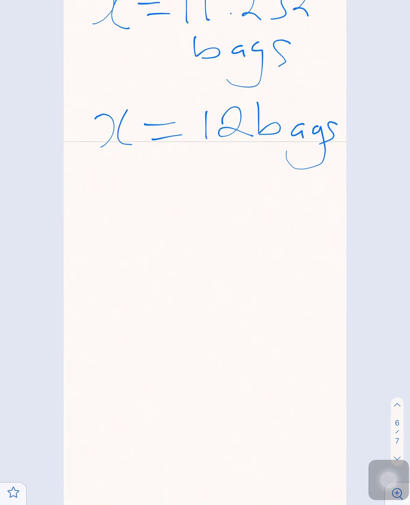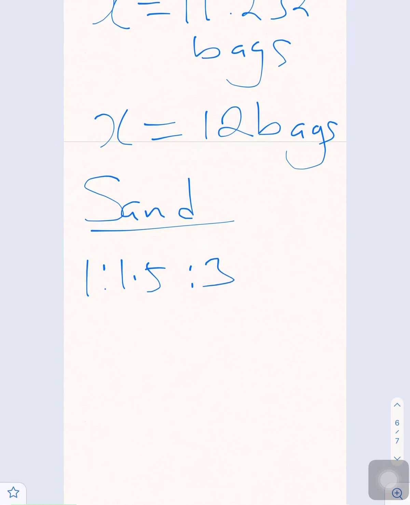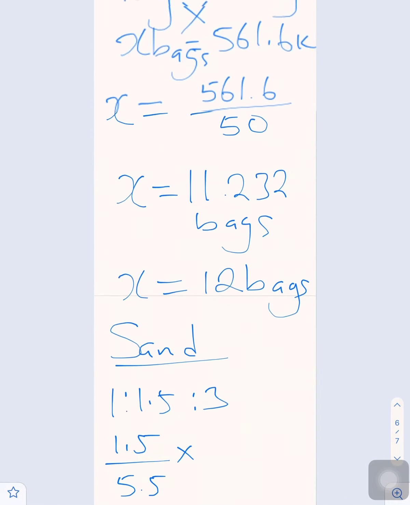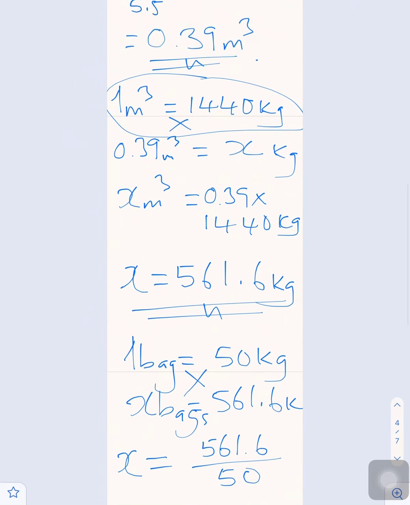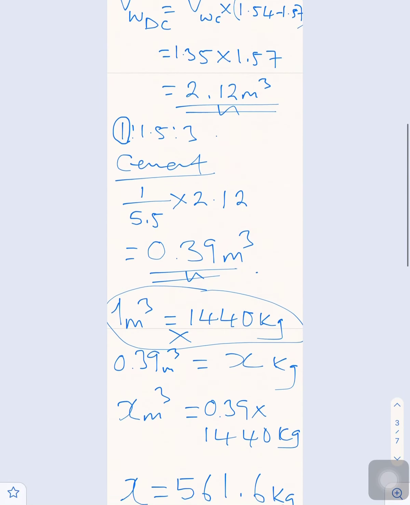Now that we are done with the cement, we go to the sand, the volume of sand. We go back to our ratio. Our ratio was 1 for cement, 1.5 for sand, and 3 for coarse aggregate. So in the case of sand, it's 1.5 over 5.5, when we added the ratio, multiplied by the entire volume that we calculated, which was 2.12.